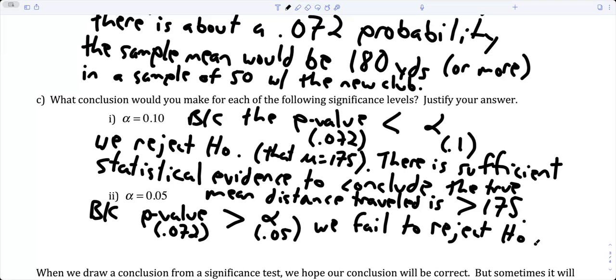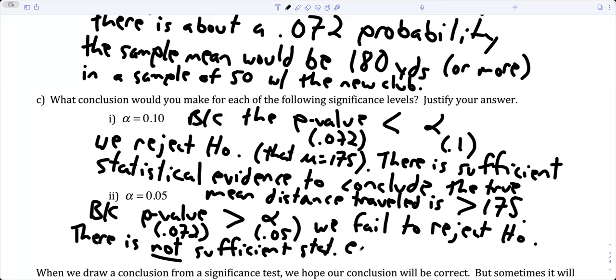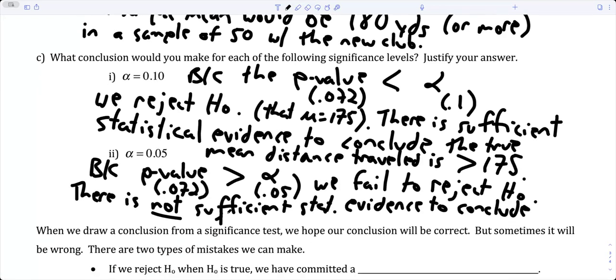If we fail to reject, we say there is not sufficient statistical evidence to conclude the true mean distance is greater than 175.